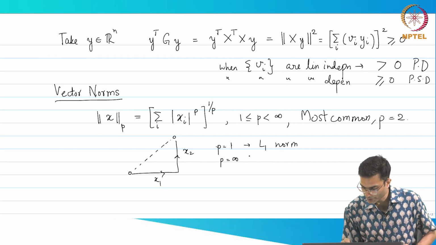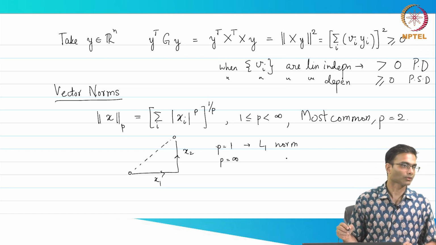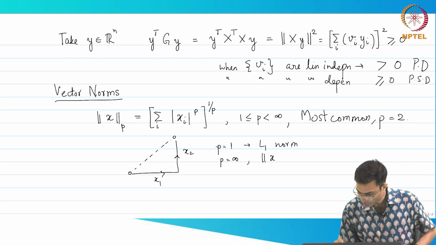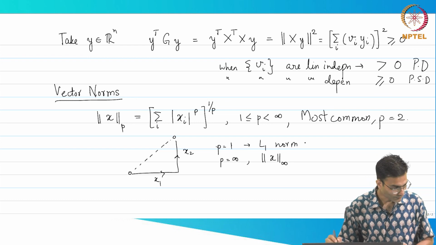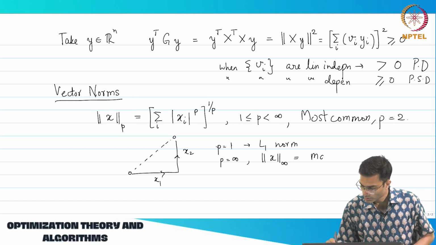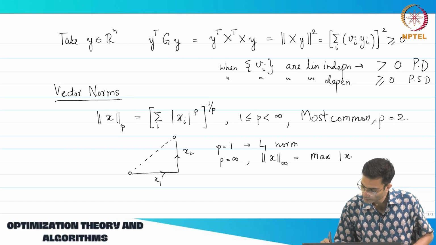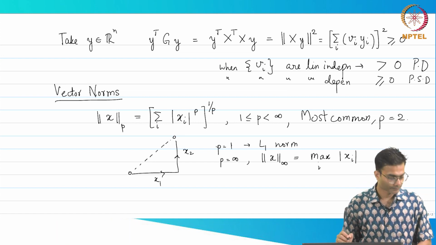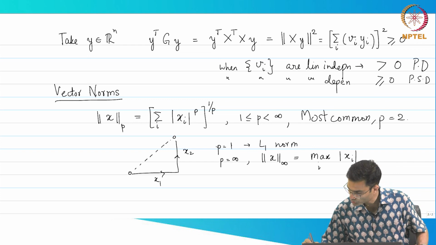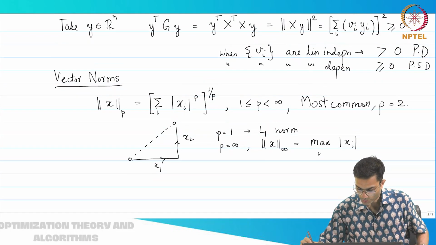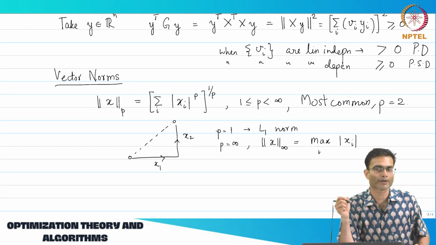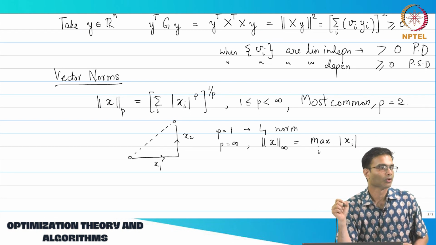p equal to infinity is also an interesting norm. It comes up often, okay, and it's simply the maximum value of xi over all i. Okay, so these are useful things. So in this course, for the most part, we are going to use p equal to 2.